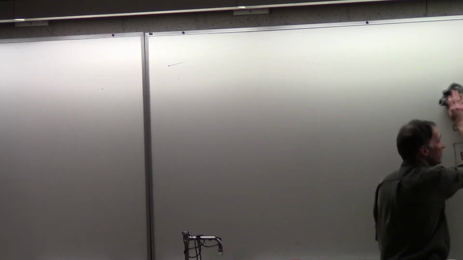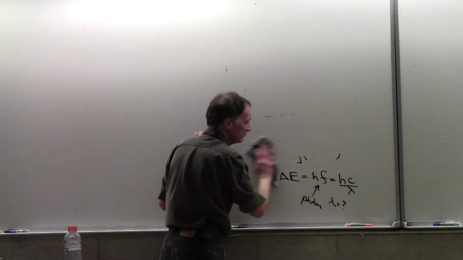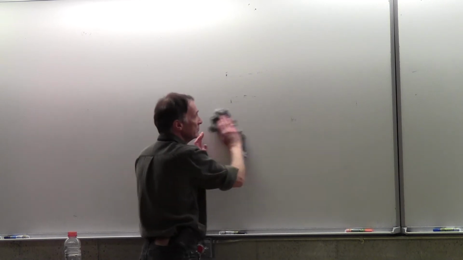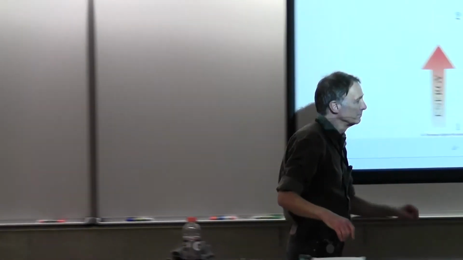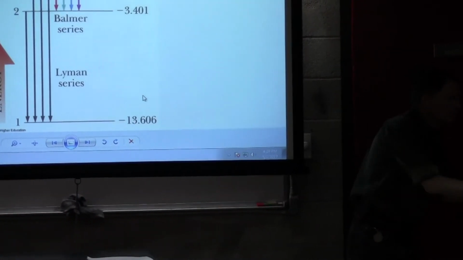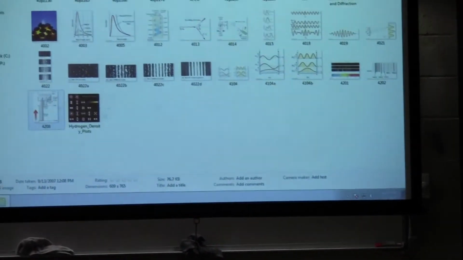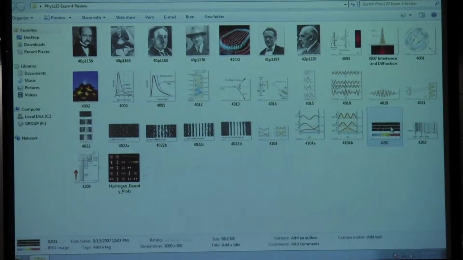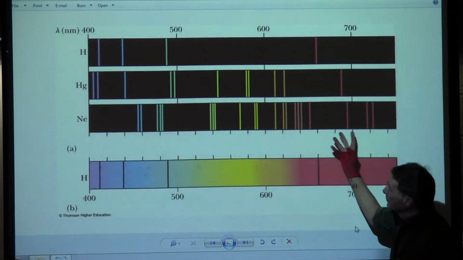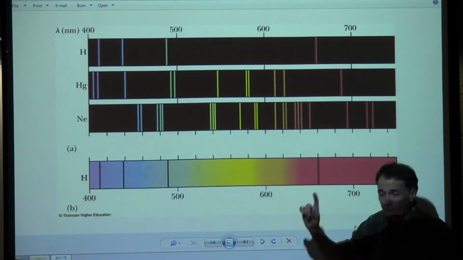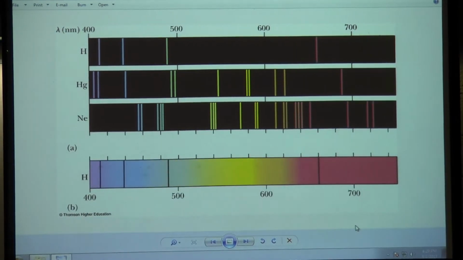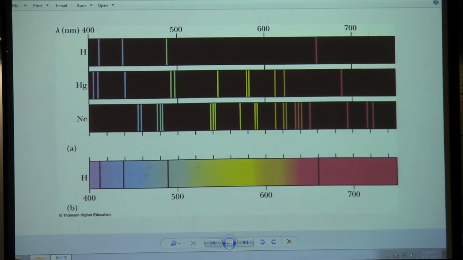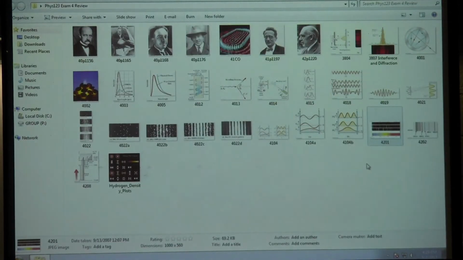these spectral lines, let's just take a quick look at these again. These spectral lines have very well-defined wavelengths, and one that was picked out early was hydrogen.